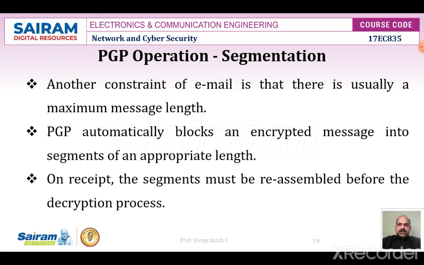Then on the reception end, the segments must be reassembled before the decryption process. Later the decryption happens and the original message is delivered to the recipient. So these are the five operations performed by Pretty Good Privacy: authentication, confidentiality, compression, compatibility, and segmentation.